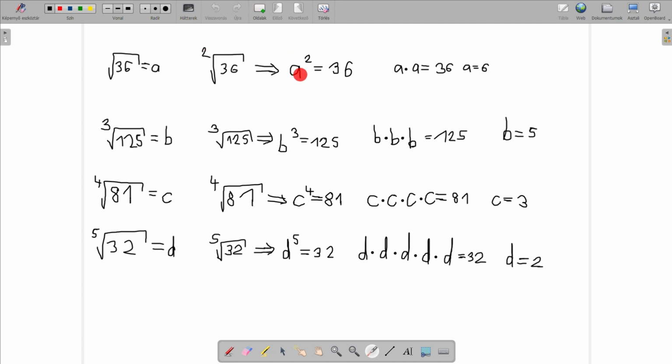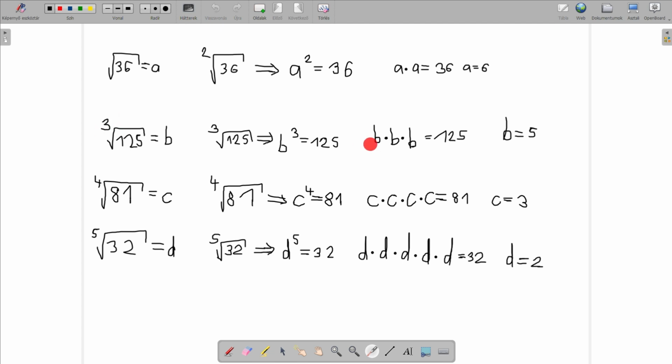We could say that a is a number that if we raise to the second power, we get 36. So a times a is 36, and therefore a is equal to 6. So this is sort of our logic. Whichever root you take, if it's the square root, you have to multiply the number by itself 2 times.